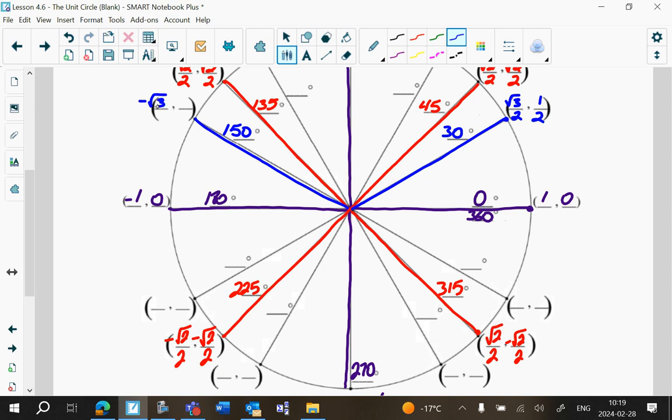Let's go to its family member in quadrant 3, which would be what angle measure? 180 halfway around, then another 30. 210. What's its point?